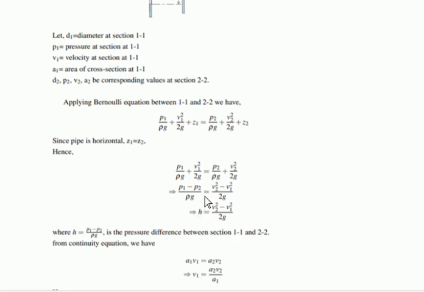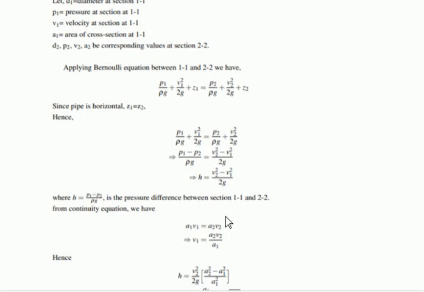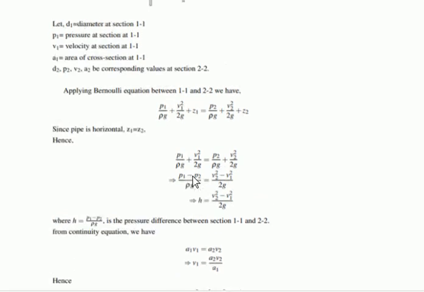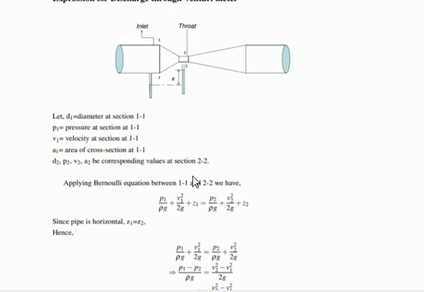Simplifying, H is equal to V2 square minus V1 square by 2g, where H is equal to P1 minus P2 by rho g. This H is the pressure difference between section 1-1 and 2-2.